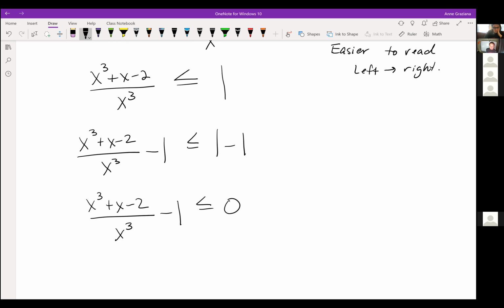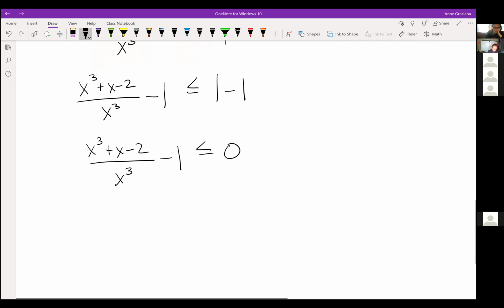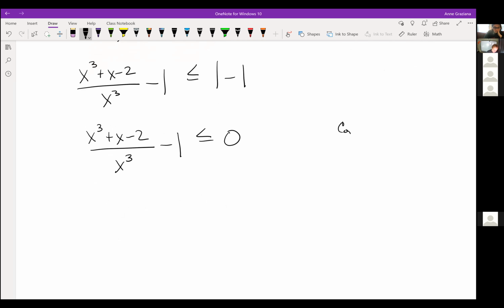All right. Now you could use this. Okay, this isn't wrong, but you will have to do more work throughout the problem. Like you keep redoing the same thing over and over. So it's just easier. Let's combine this into one fraction.